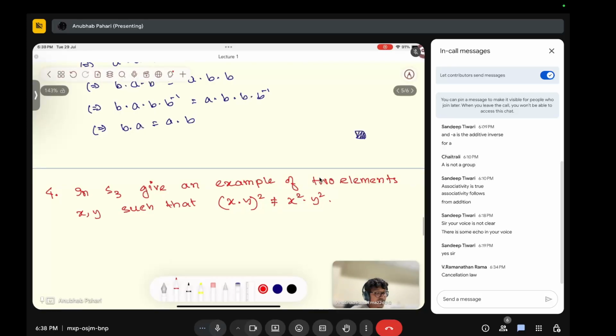So we have an example of a non-abelian group, right? So can anyone write down the x and y from S3?